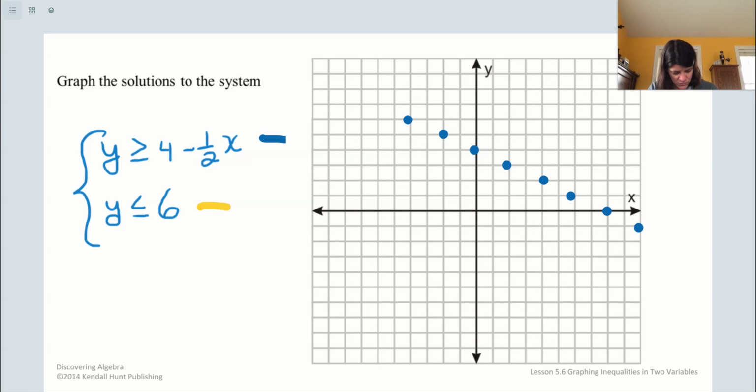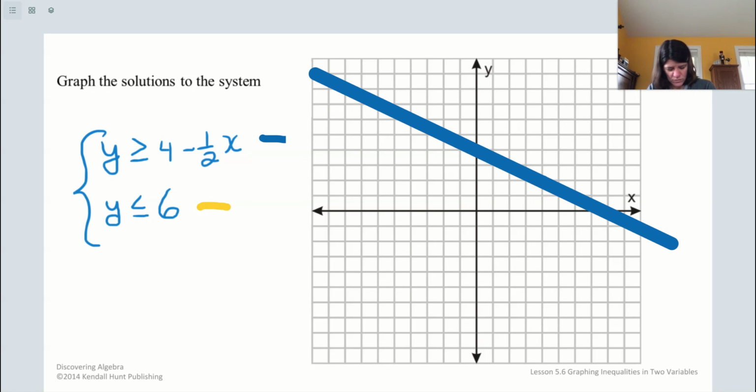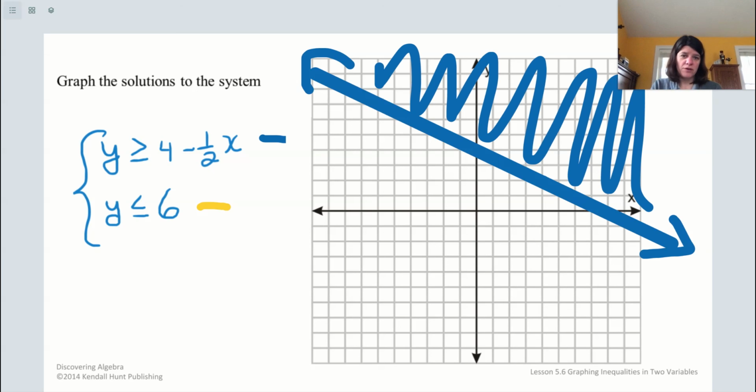And it's going to be solid because it has the equal sign underneath it. And it's saying greater, so we're going to shade in the part above.